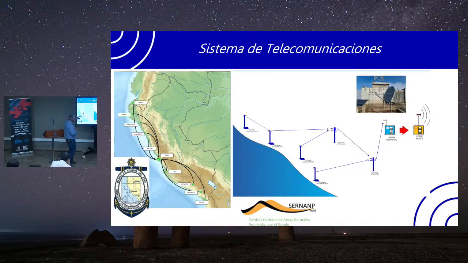This is just a map showing the topology, how the communications are done between the different stations in Lima Center. This is a close view to the south. No? Each station is individual, but signal is transmitted between them until they arrive to Arequipa, to the building that I showed you before.